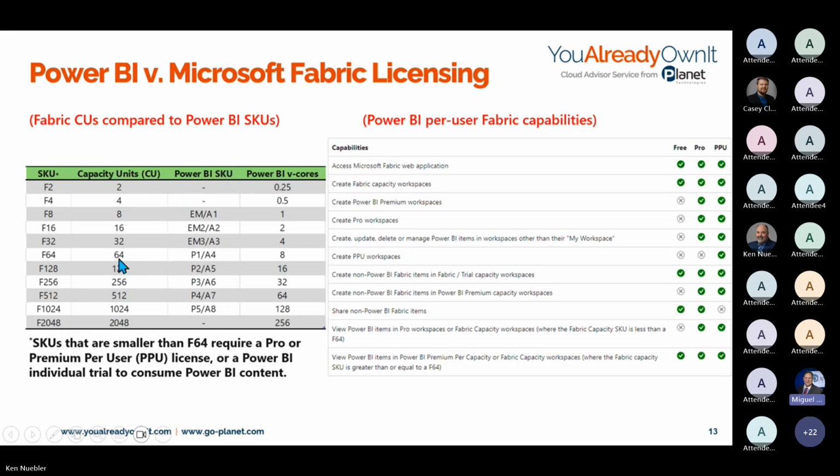What I also wanted to do, because most people are coming from a Power BI background when they look at Fabric, at least initially, is show the capabilities of the free version of Power BI, the Pro version, which is included in your Microsoft 365 E5, A5, or G5, and Power BI Premium per user, the PPU.